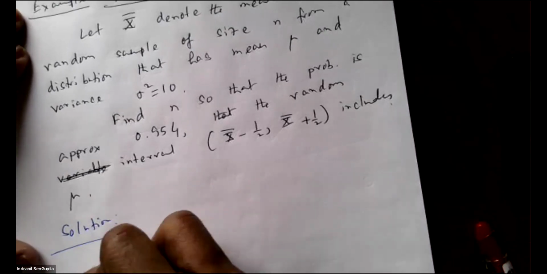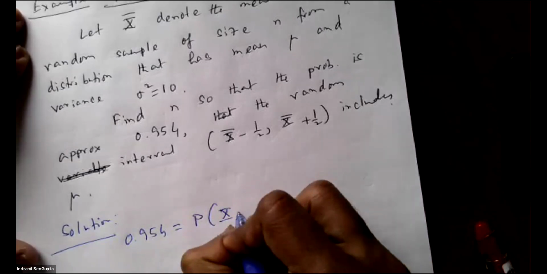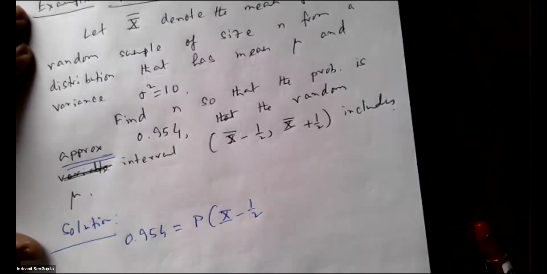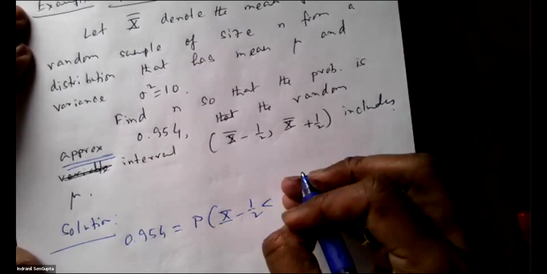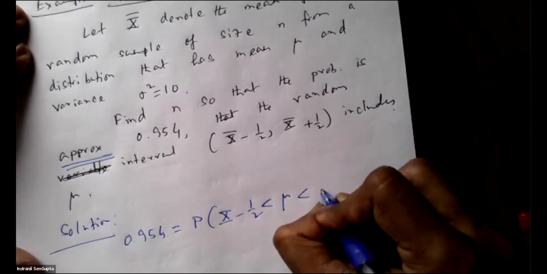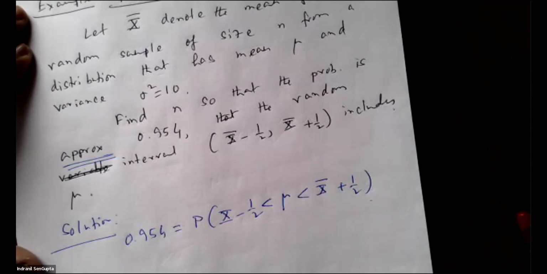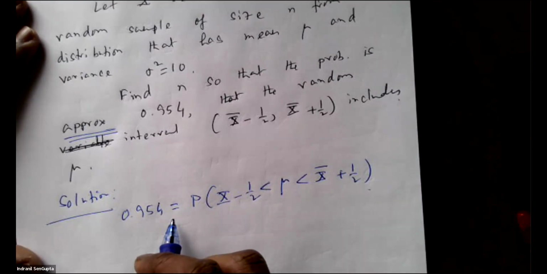What we want is 0.954 approximately equals P of x bar minus 1/2 less than mu less than x bar plus 1/2. Please note that we had a similar formula before.